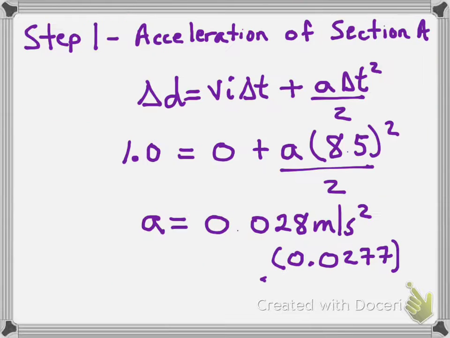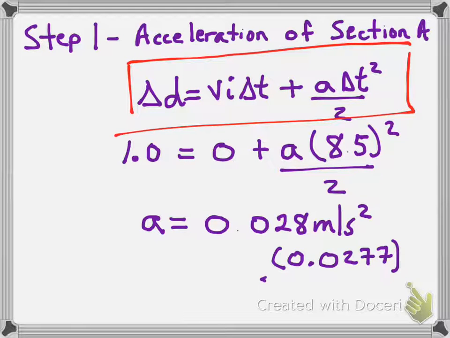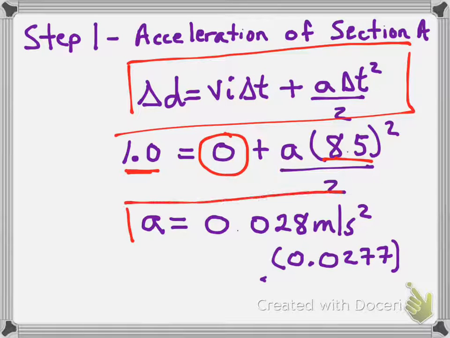So to do this, we're going to go through 6 steps. The first step is, okay, we've got to figure out the acceleration of section A. So again, you're going to treat this as a kinematics problem. We're given the distance, which is 1 meter. We're given the time, which is 8.5. We know the initial velocity of section A is 0. So now we can rearrange that, and then we can now calculate the acceleration of that section.